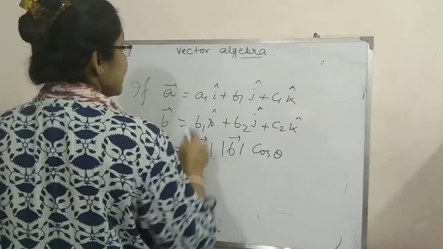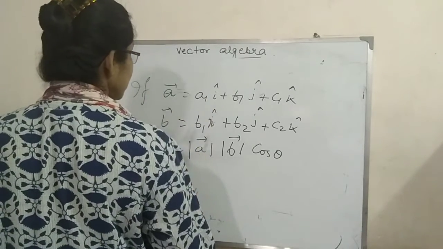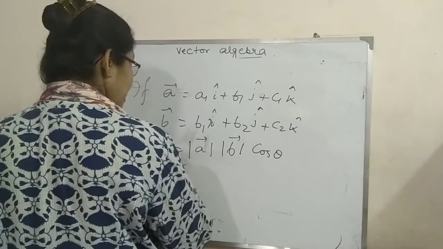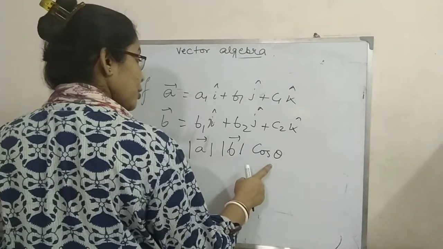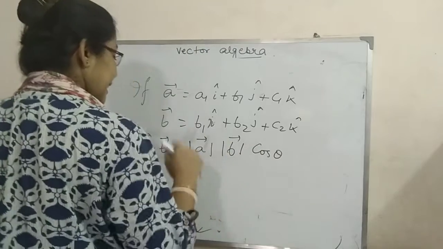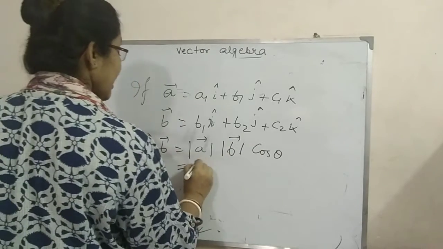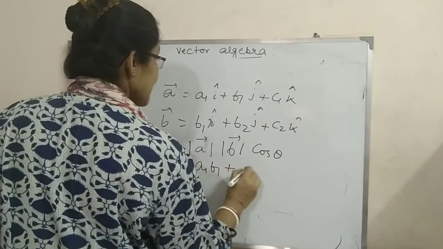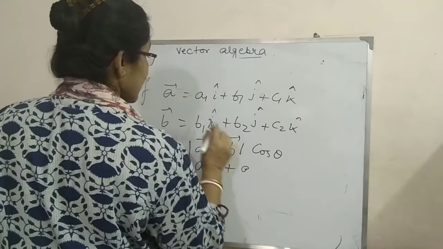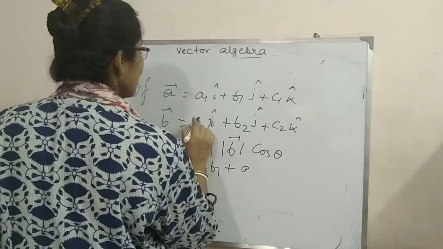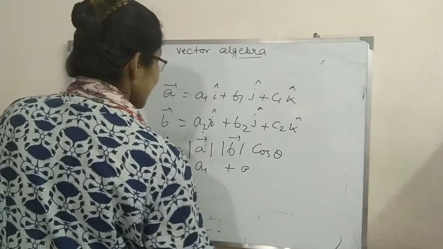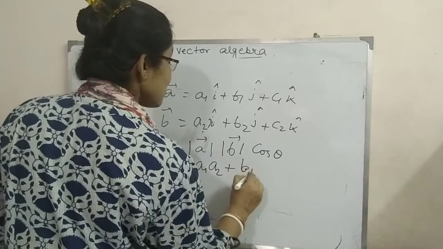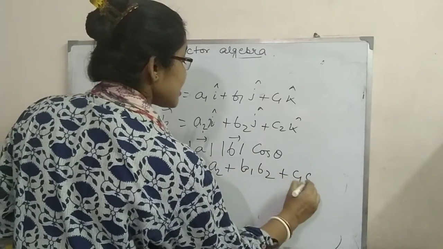Here I can write A dot B equals modulus A modulus B cos theta, and I can also write A dot B equals a1 a2 plus b1 b2 plus c1 c2.